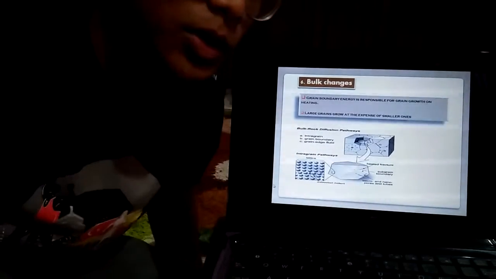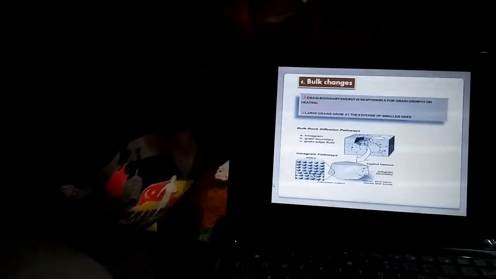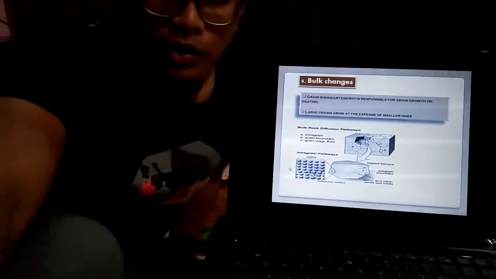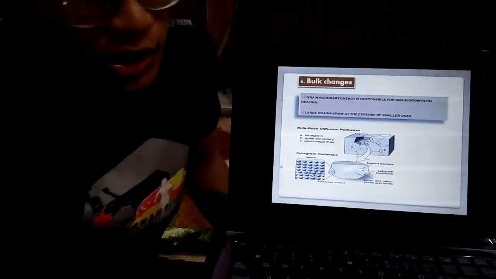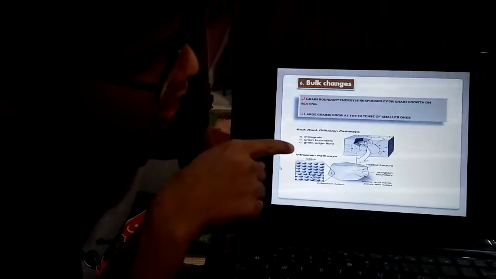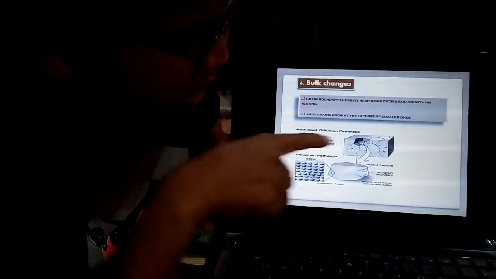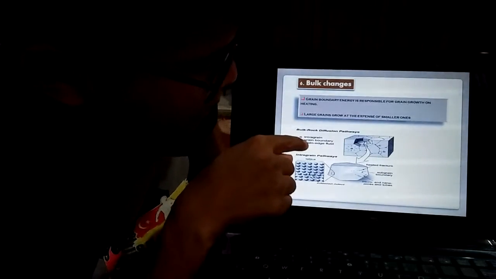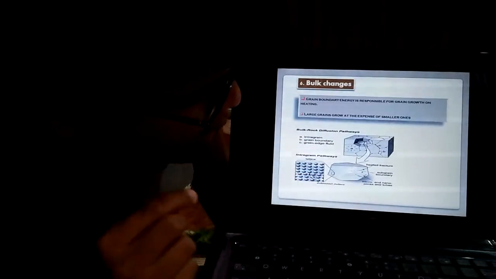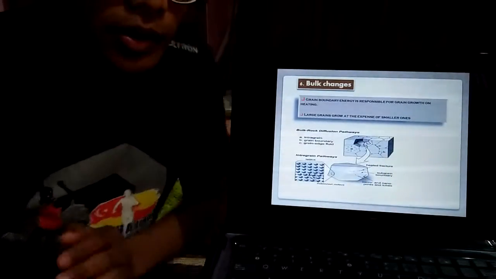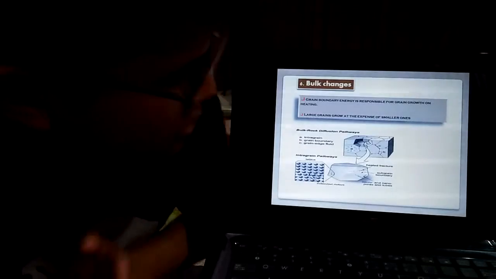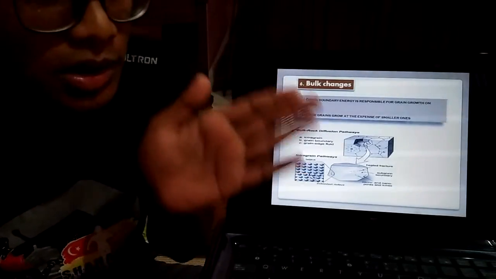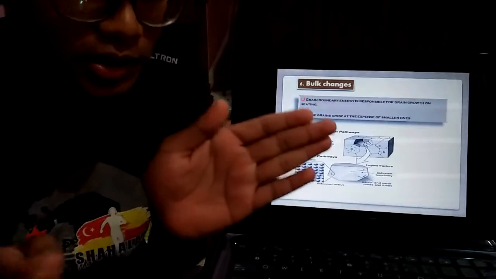Okay. Last but not least, the process of nucleation growth is the bulk changes. The bulk changes, as you can see here, A is the intragrain, and B is the grain boundary. Let's imagine A is intragrain.